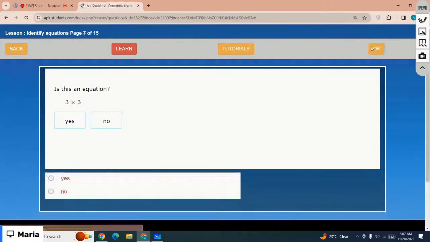The next one, is this an equation, 3 times 3? Yes or no? The correct option is no, this is not an equation.